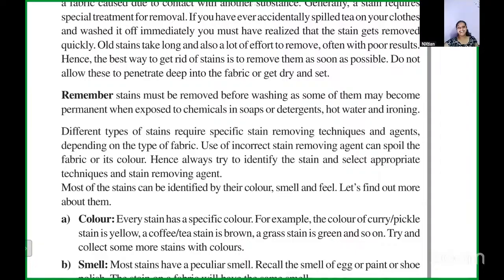We can also identify when we got a stain unknowingly by the way it looks, whether it is an oil stain or only dirt. The dirt gets removed easily, but food stains are a little hard to remove.